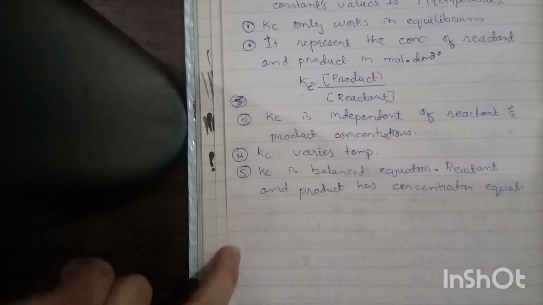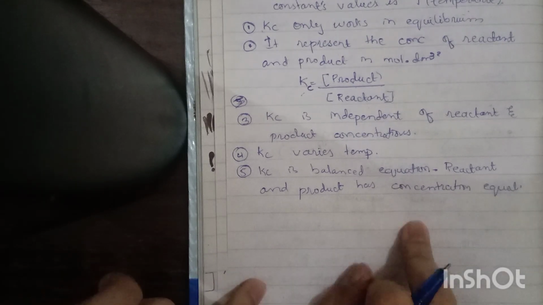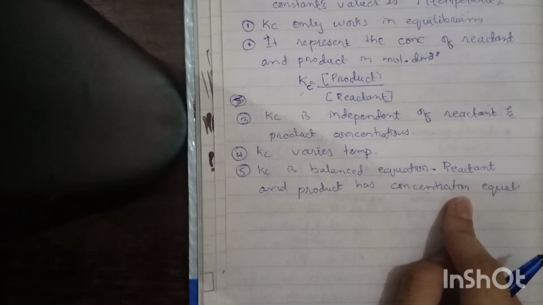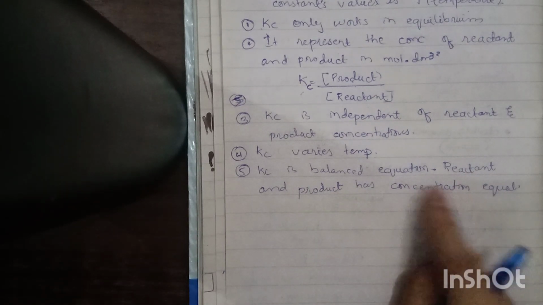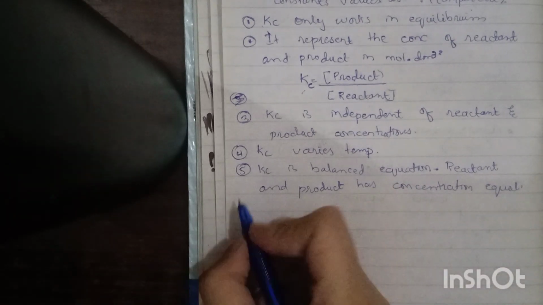Equilibrium means the state where both reactant and product are at a constant balance. So here the reactant and product have the same concentration. So yes, Kc is for a balanced equation because it has the same concentration of reactant as well as product.